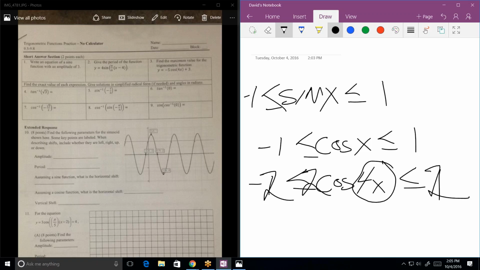Tangent does not. Tangent actually goes from -infinity to infinity. But sine and cosine, which is what you're dealing with when you're talking the sinusoidal function, the range is -1 to +1.